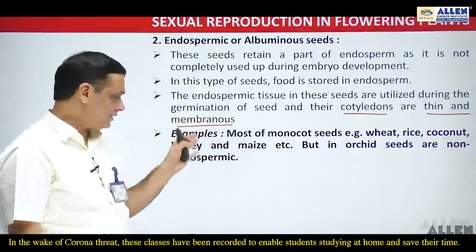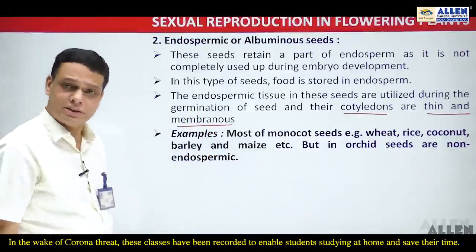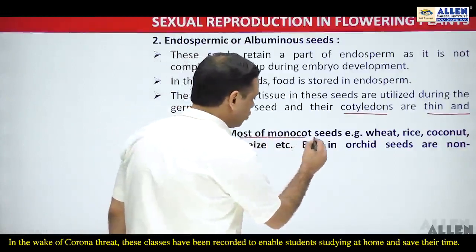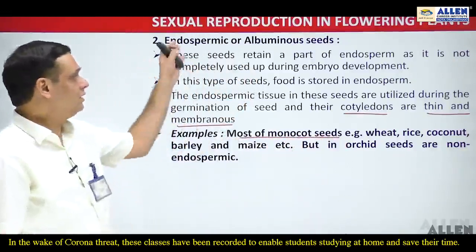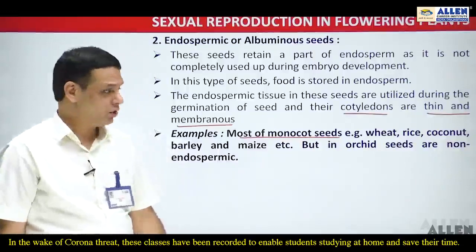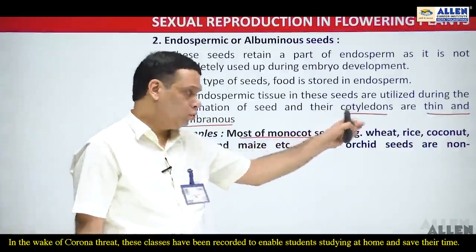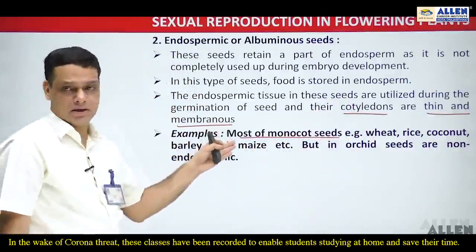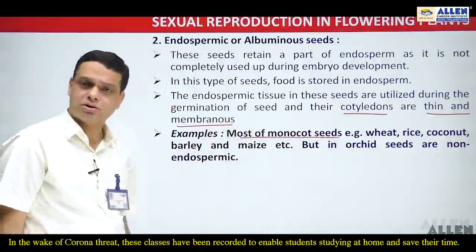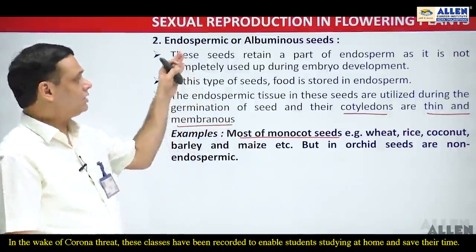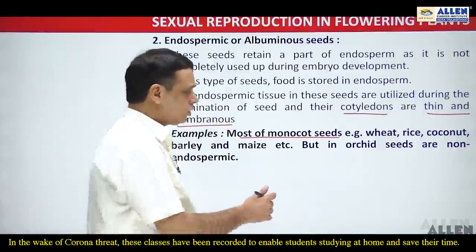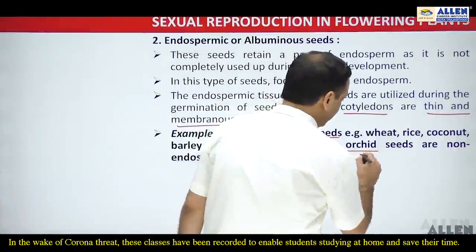Now there are certain examples where endospermic seeds are present. Most of the monocot plants bear endospermic seeds, for example wheat, rice, coconut, barley, maize. All of these plants are monocots, and they contain endospermic seeds. But here is also one exception, that is orchid.